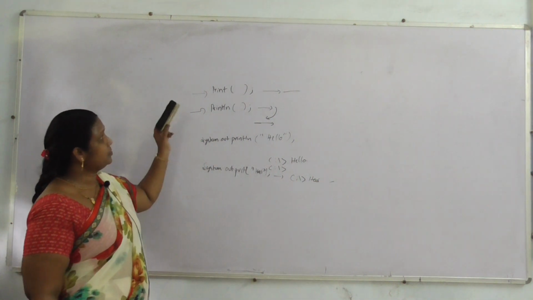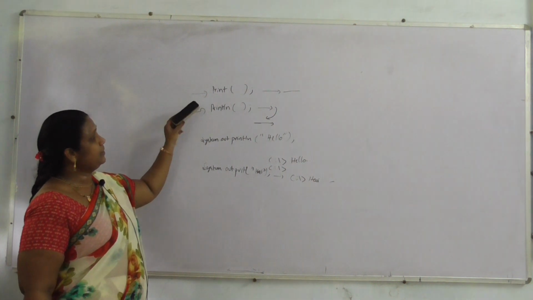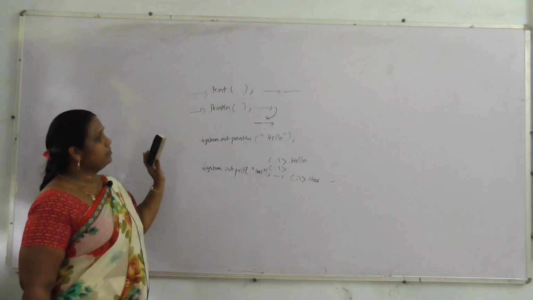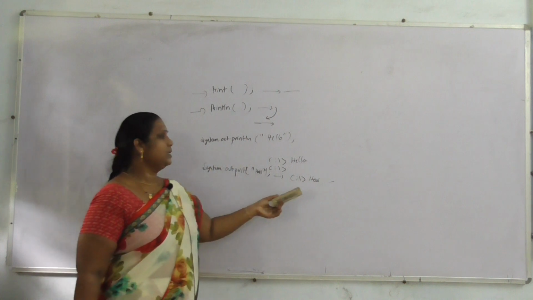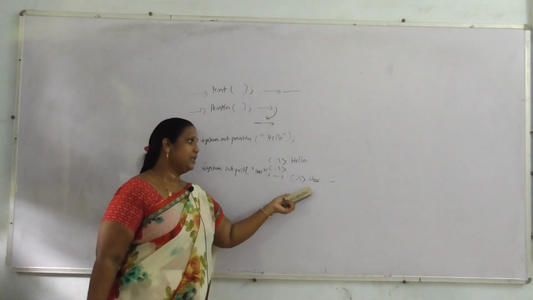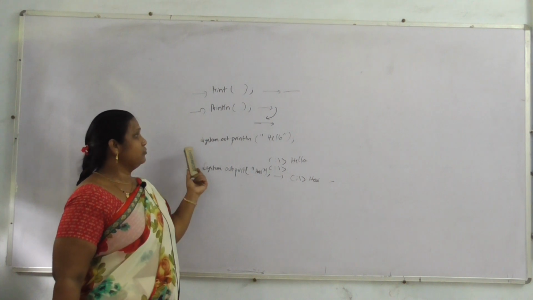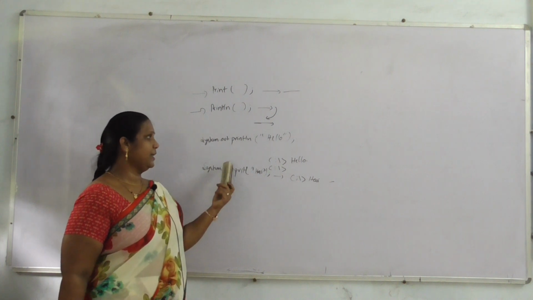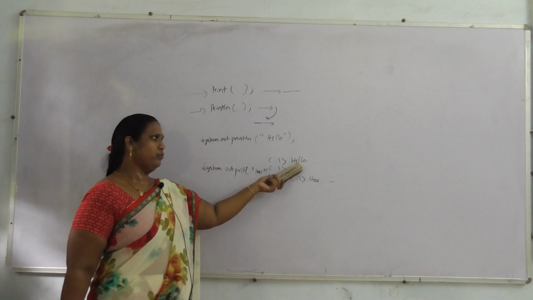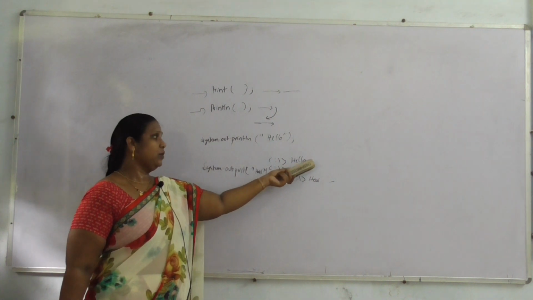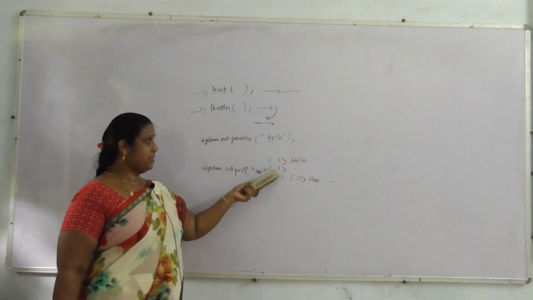So that is the difference between print and println. Print means the statement is printed and the controller waits at the same prompt. But with the println method, the output is printed and the controller comes to the next prompt.